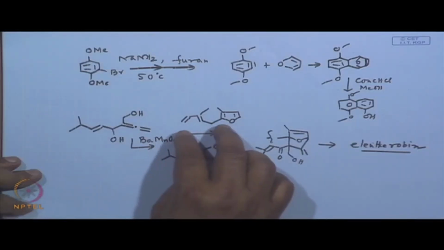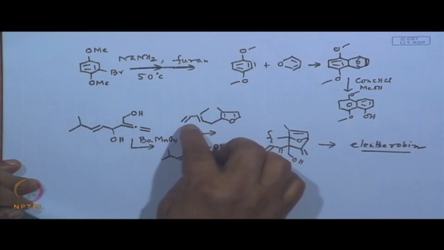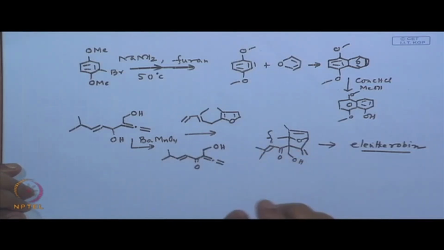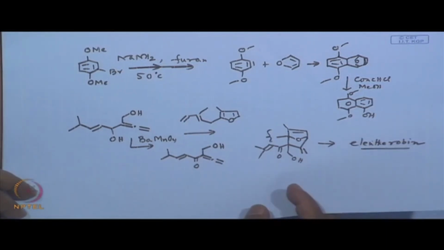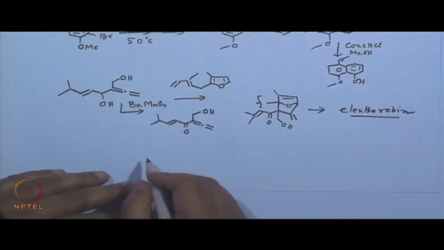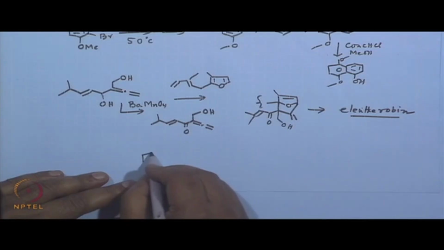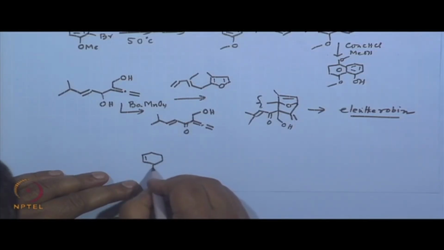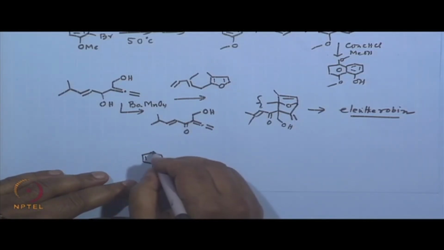Then again you have an inbuilt diene where you have cyclic diene and cyclic diene, but you see that furan is more reactive. Now, what else can you do with this sort of cycloaddition reaction? Let us say you have a very unreactive dienophile. Probably many of you do not know, cyclohexene is not a very good dienophile as far as the Diels-Alder is concerned.